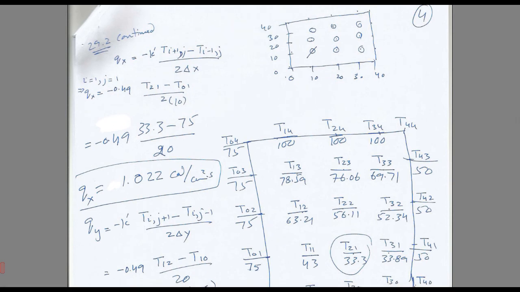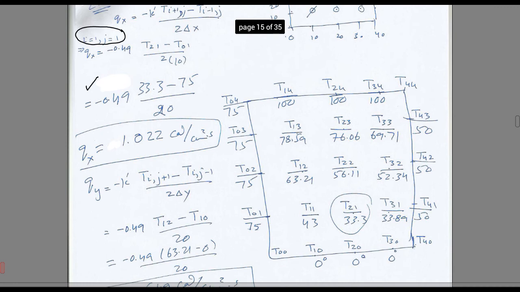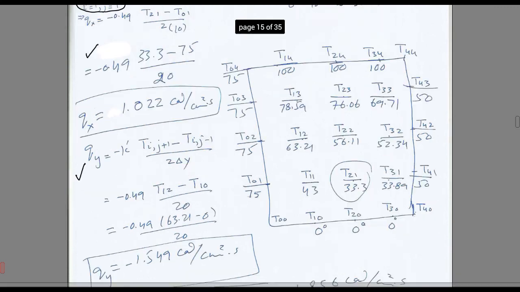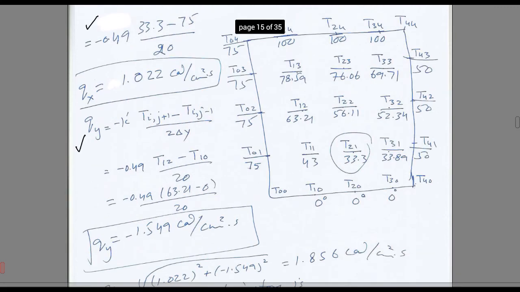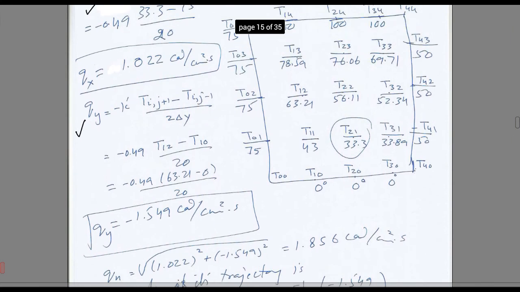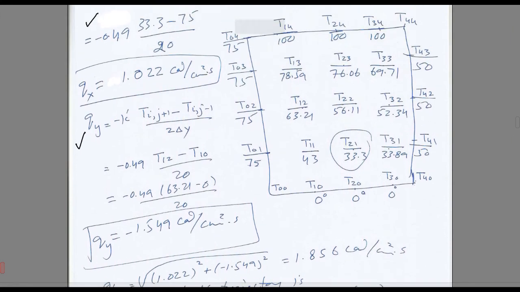So at node 11, qx is calculated, and then we calculate qy here. I just want to be quick, it's quite straightforward. Similar notation is used.